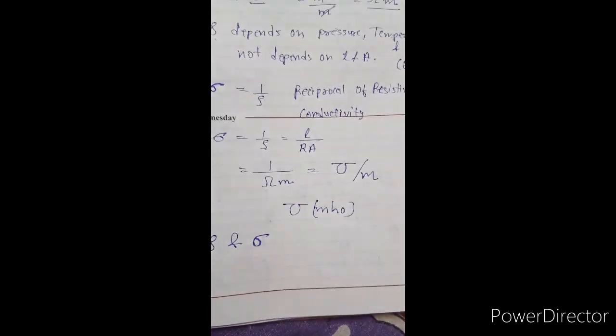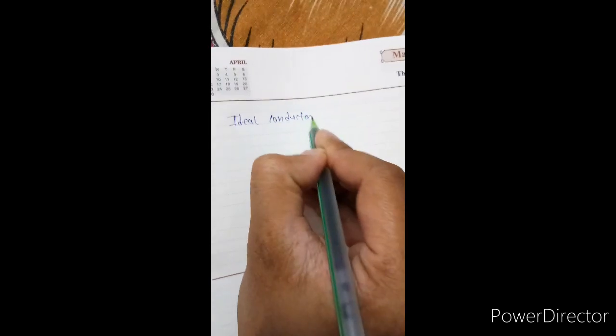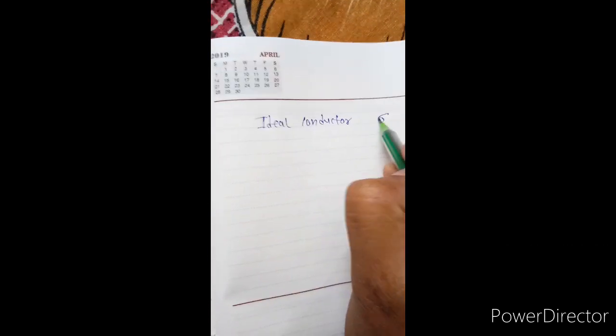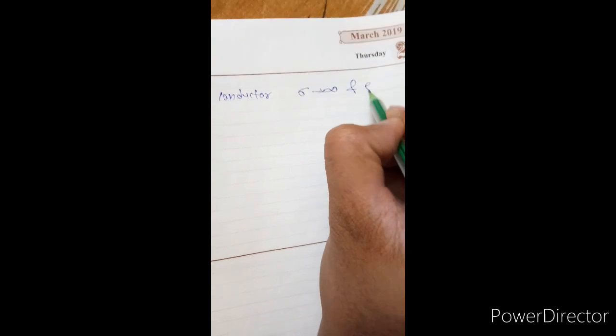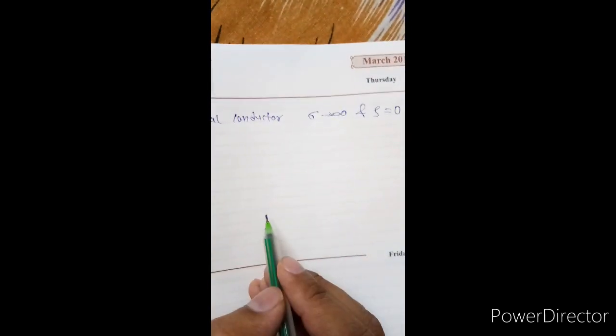By knowing the values, we can tell that for an ideal conductor, sigma is infinite and rho is equal to 0.